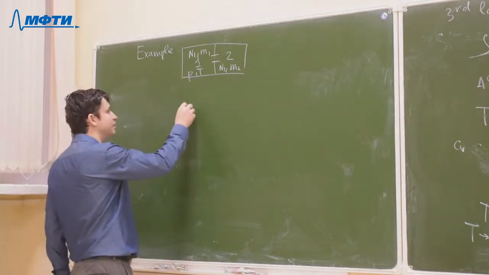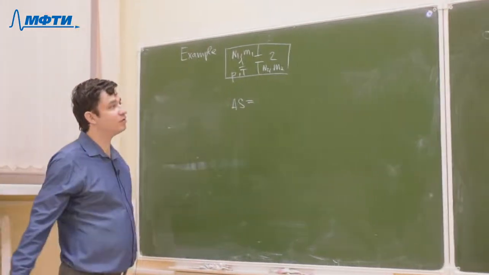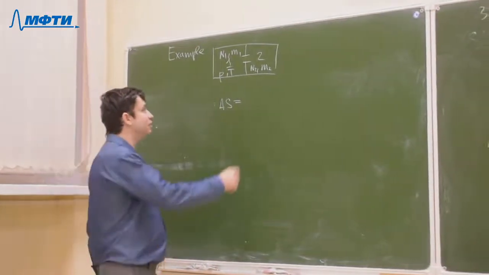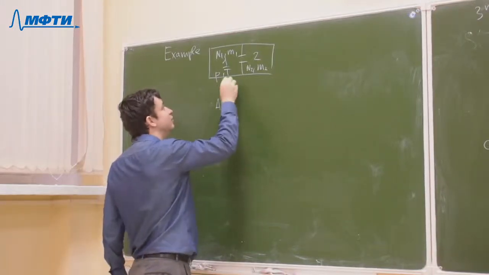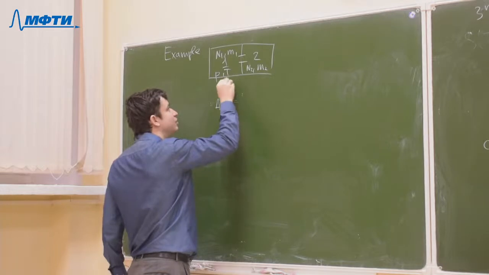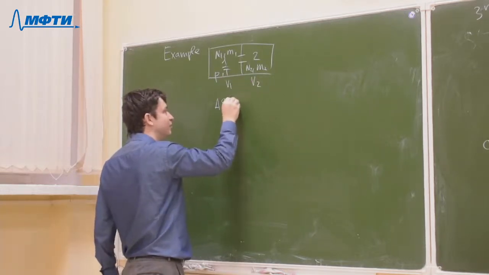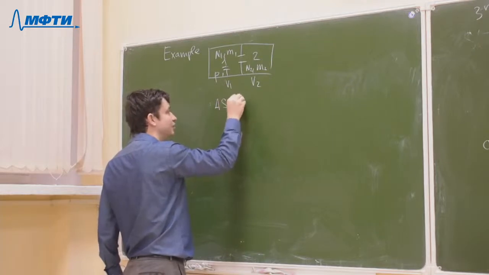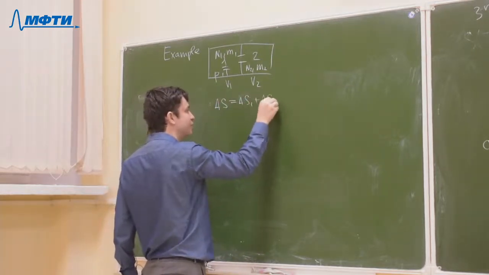So we can say that the change of entropy for these two gases is approximately equal to, okay, we have V1 volume and V2 volume here. So this is equal to the change in entropy for the first gas and for the second gas.